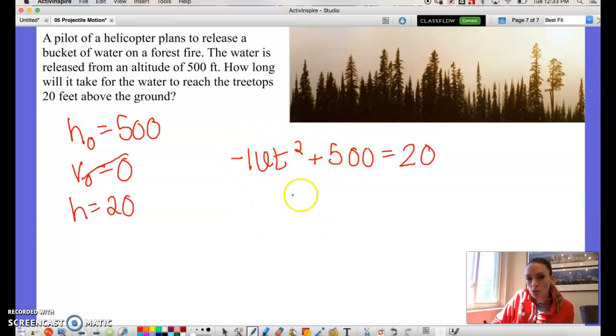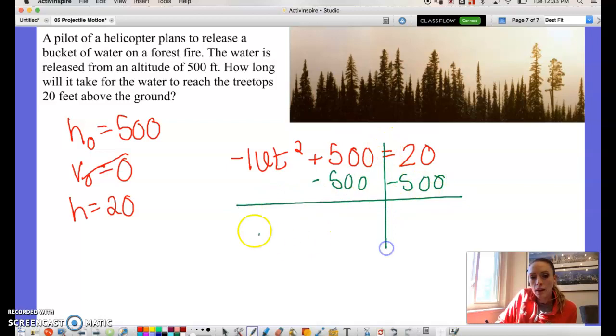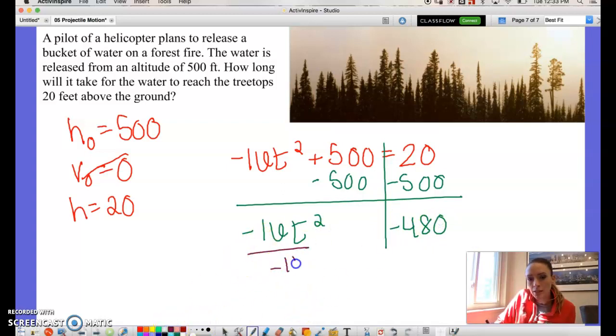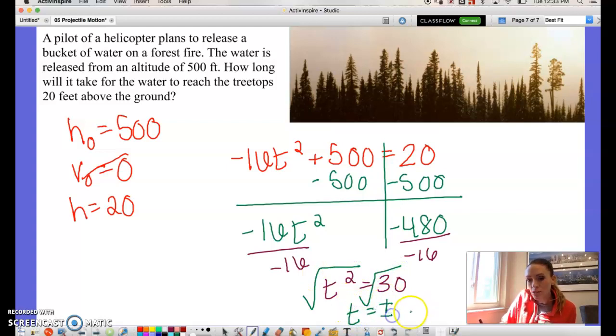So if you solve this using square roots, we can just subtract 500 from one side, and now we have negative 16t squared equals negative 480, right? And then when we divide by negative 16, we get t squared equals 30. Then the square root of both sides is t equals plus or minus the square root of 30. The square root of 30 is approximately 5.48.